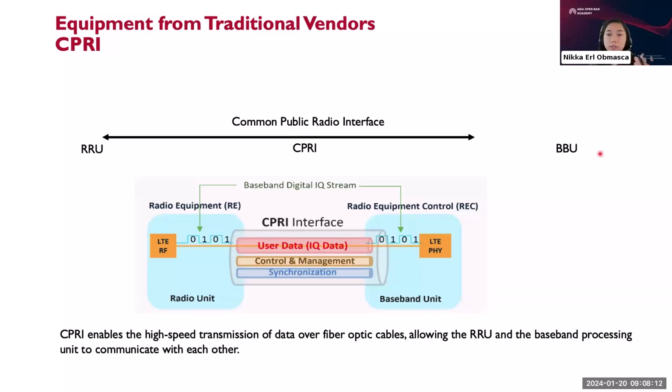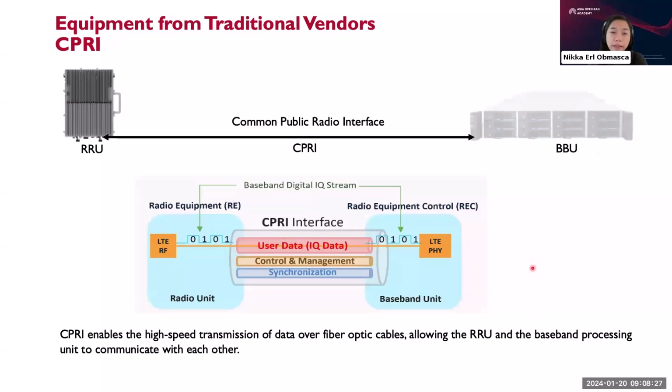It enables high-speed transmission of data over fiber optics cable, allowing the RRU and the BBU to communicate with each other. So imagine the BBU is the brain, and this is the brawn. They have their own language, these two, and that is the CPRI.